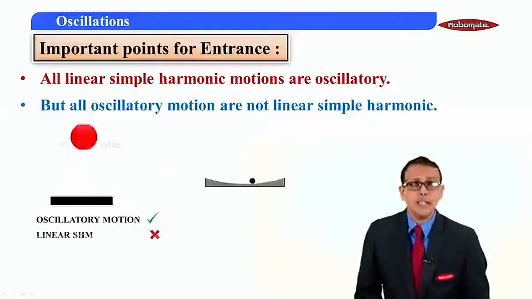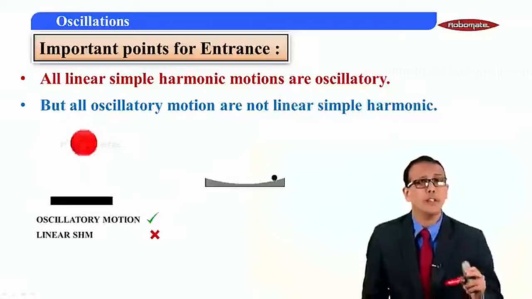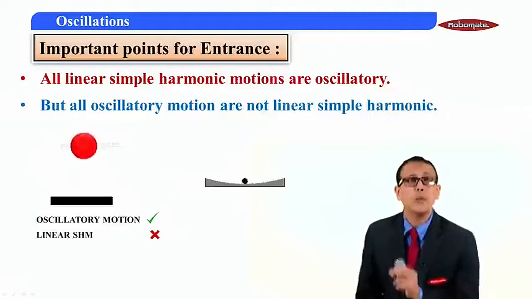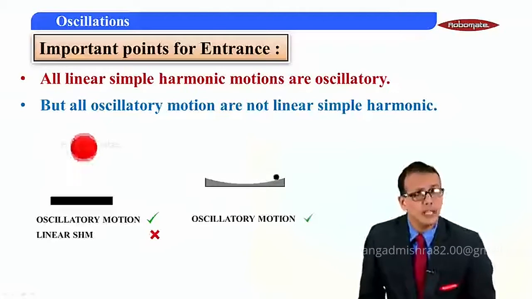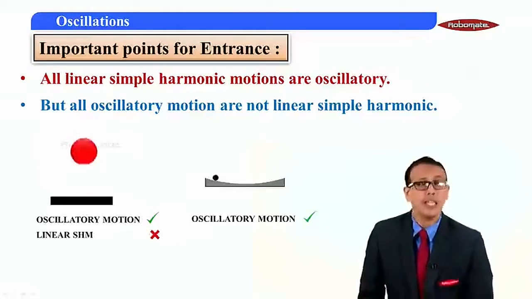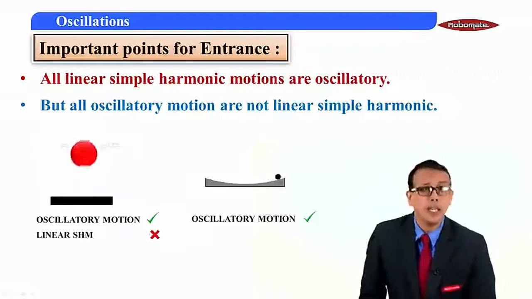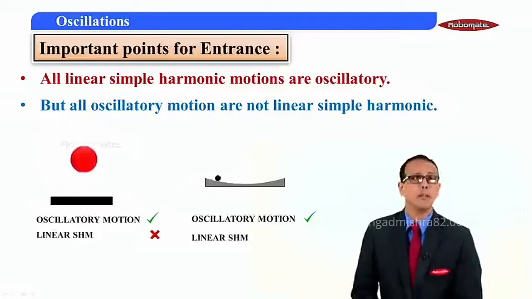Let's take another example, students. A ball kept on a curved surface. You can see it's moving to and fro. So, is it oscillatory? Yes, the motion is oscillatory. The path is not a straight line. Also, the condition of force proportional to x is not obeyed here.